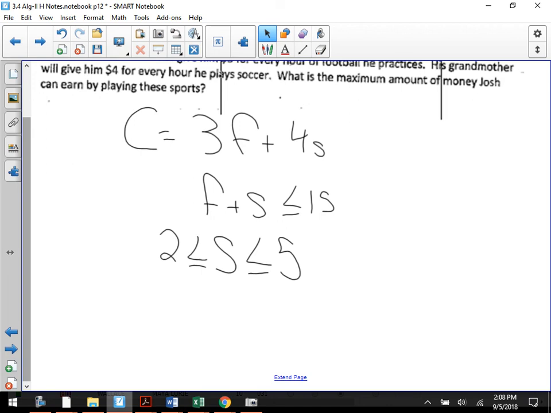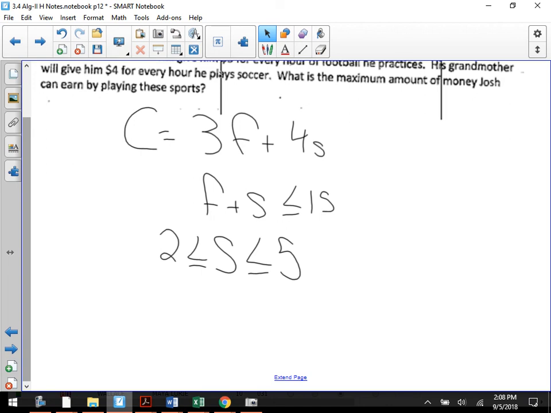Can I put more than 5 on it? No. Can I put less than 5 on it? Yes. Could I put 5 on it? Yes. So what it means is you can go up to and include 15 hours. You can't go beyond that. That's the maximum. It's everything up to and including 15.